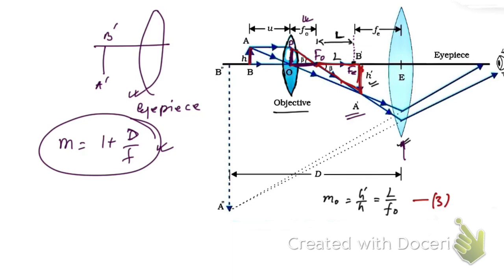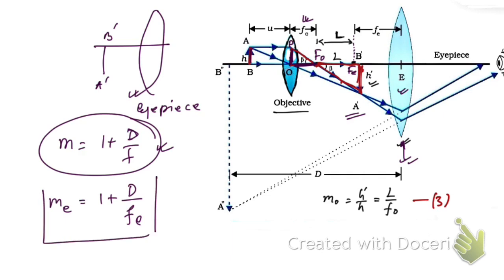In that case, the magnification for this eyepiece, let it be ME, is 1 plus D by FE, where FE is the focal length of the eyepiece, as I have already mentioned earlier. So that's why we have got this expression.